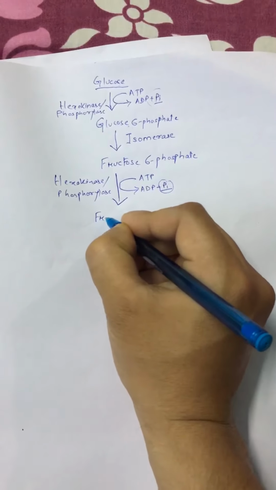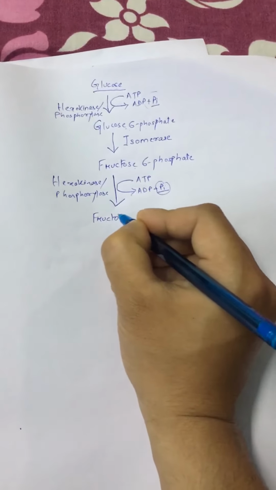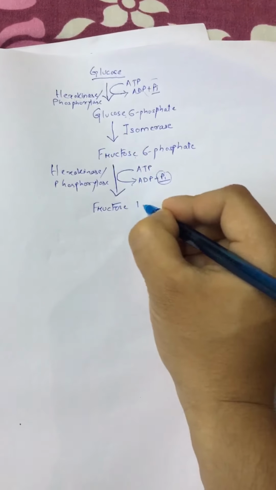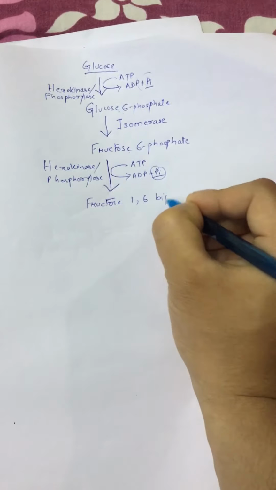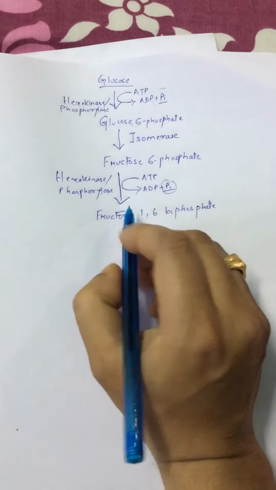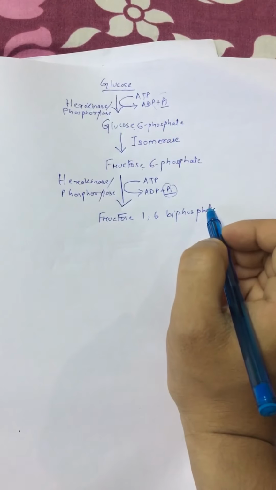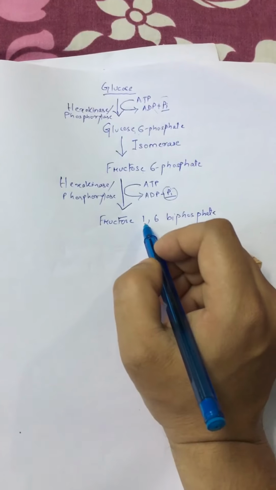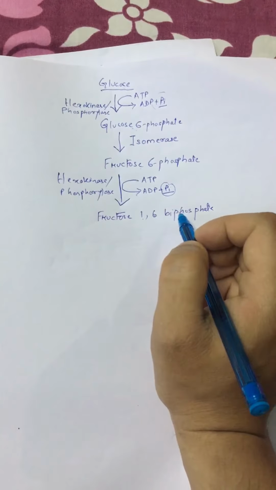Because there will now be 2 phosphates, it will get converted into fructose 1,6-bisphosphate, or diphosphate, whatever you say. That means carbon number 1 and carbon number 6 each have a phosphate group.